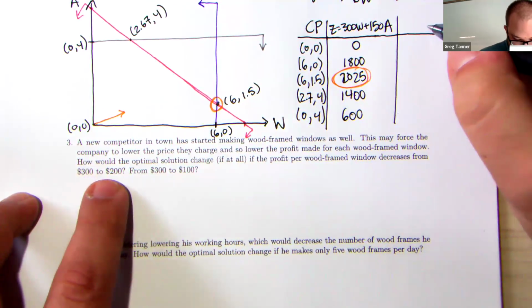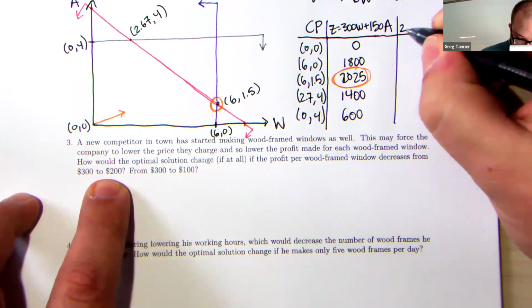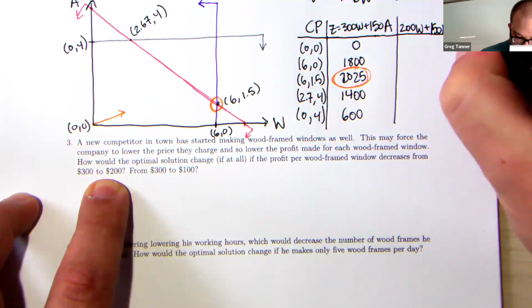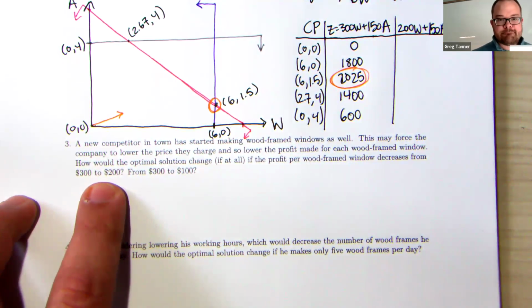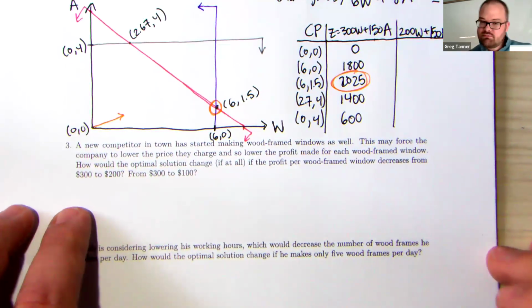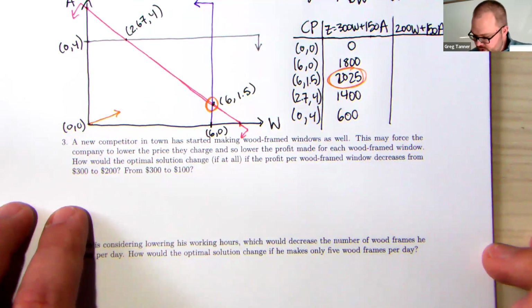Now let's look at what happens when we decrease it to 200 per wood window. So now this is going to be 200 W plus, we're still going to get the same profit per aluminum window. Our competitor is only making those wood framed windows. Must be that they see they're a hot commodity in our market.